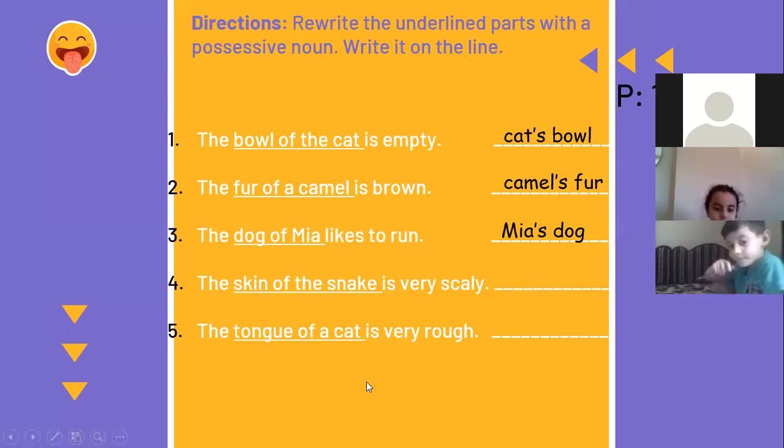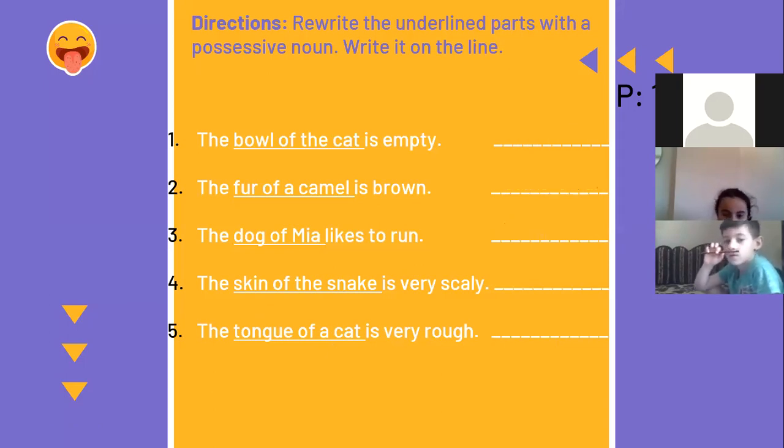Okay, the skin of the snake is very scaly. How do I change skin of snake to a possessive noun? The snake's skin. Bravo, the snake's skin.